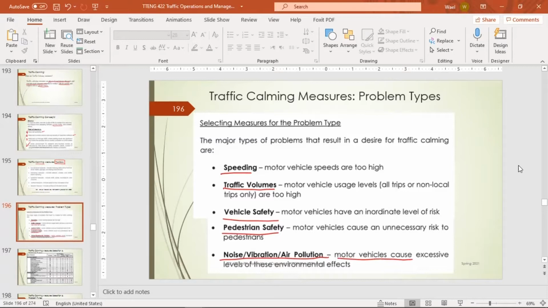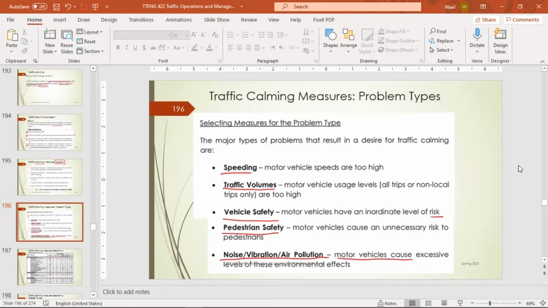For speeding, motor vehicle speeds are too high. For traffic volumes, we have high usage of motor vehicles, and for vehicle safety, motor vehicles pose an inordinate level of risk.